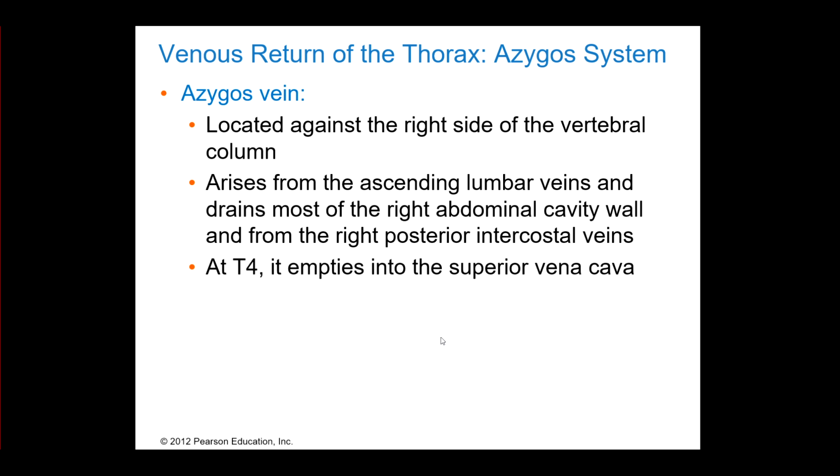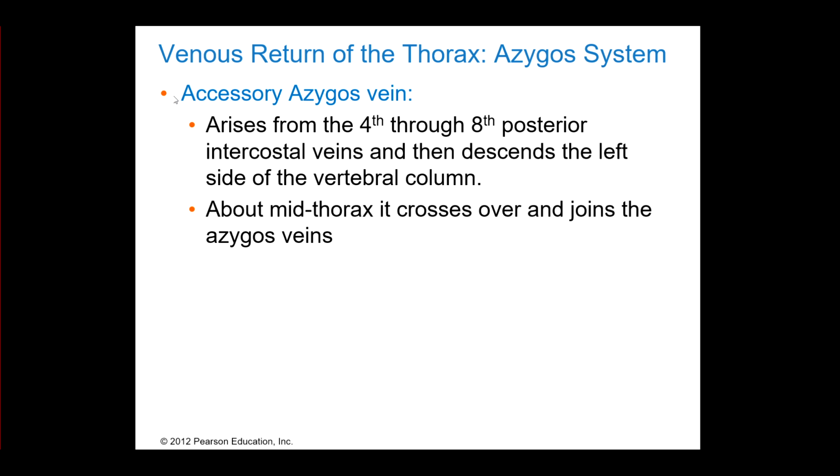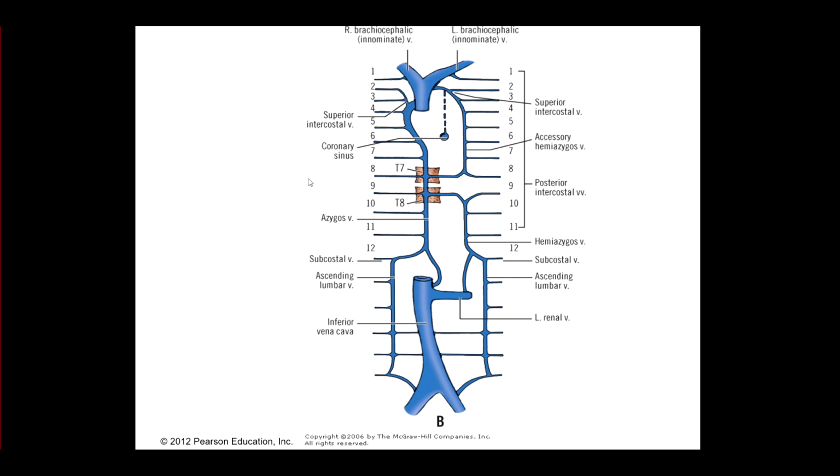However you pronounce it, both are correct. So there's 3 blood vessels that make this up. If you want to give a highlight in your notes, the azygous vein, the hemiazygous vein, and then the accessory azygous vein.